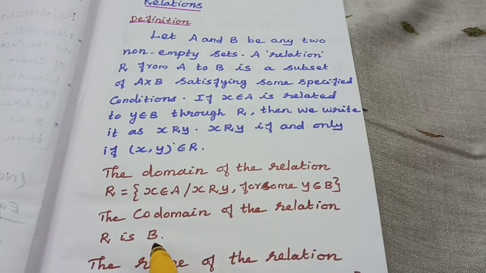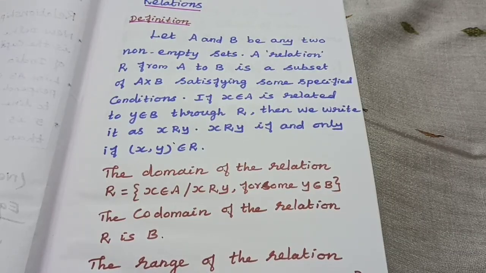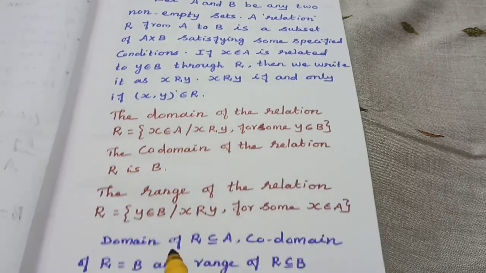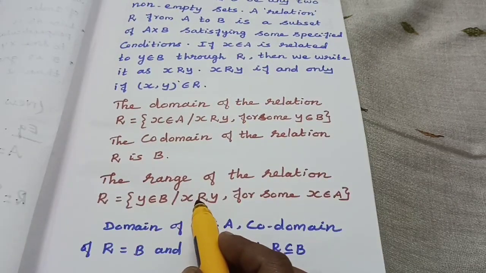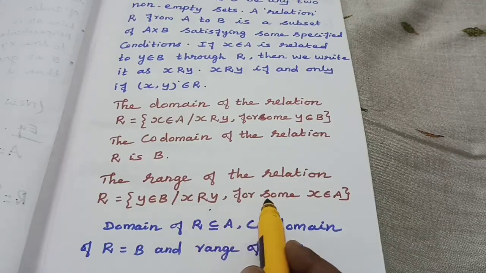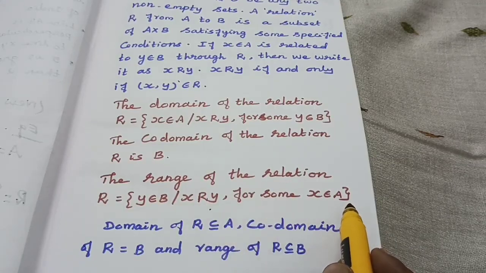B. Then the range of the relation R is equal to the set of Y belongs to B such that X is related to Y for some X belongs to A.